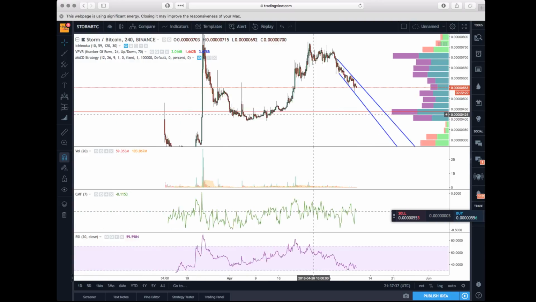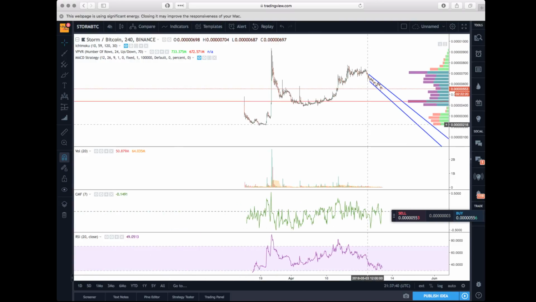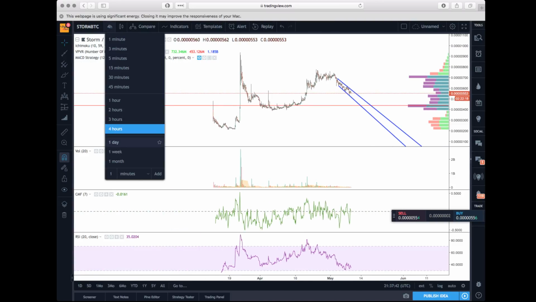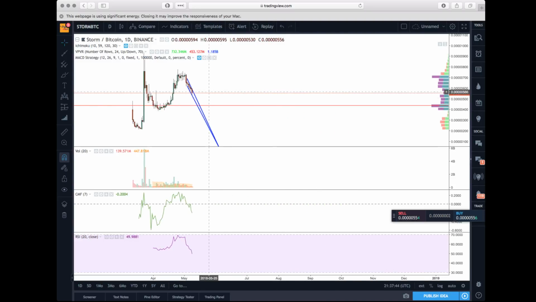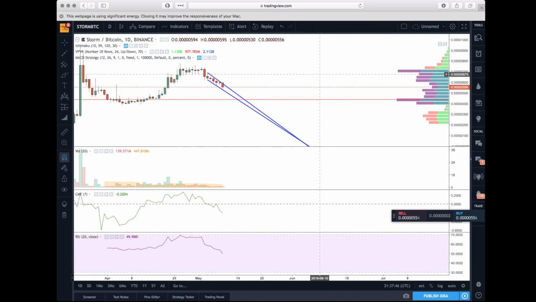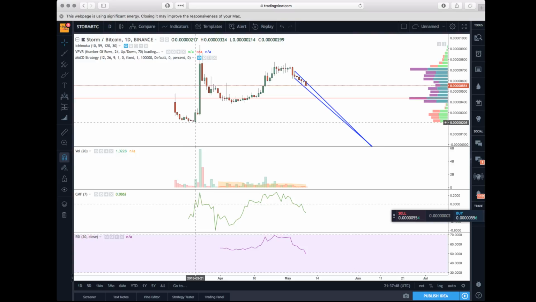Something I would do on a longer term to find where that entry might be is look at a longer term chart. Again, this is what I was talking about before I went to get batteries. We've got this area of a lot of volume, and that's why you see this distribution right there.